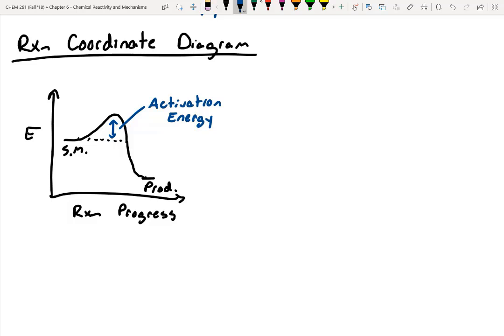That size of the hump can vary. Conversely, the net drop in energy is called your Gibbs free energy, or just delta G. So it's your change in Gibbs free energy. So this is a spontaneous reaction. This is also called exergonic.